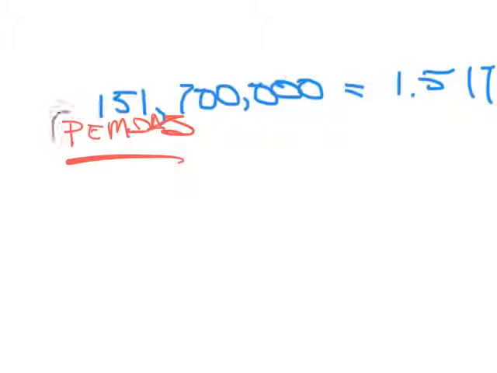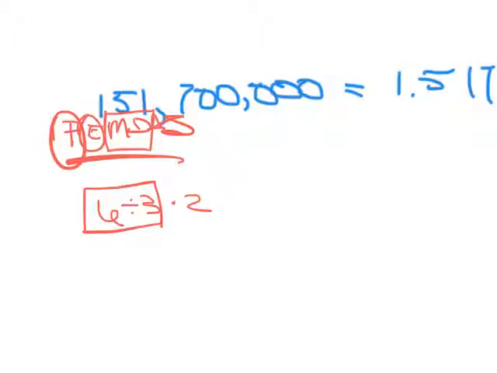You do your parentheses first, then your exponents, then your multiplication and division from left to right in the order that they occur. So if I have 6 divided by 3 times 2, you do your division first because it shows up first, and then you multiply it by 2.